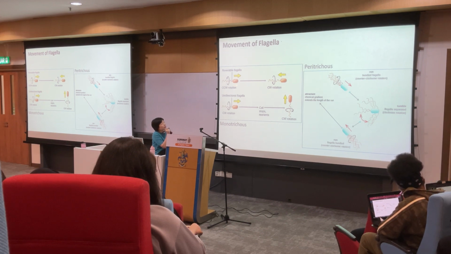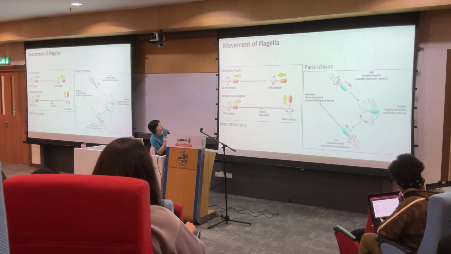This is definitely faster. And about this one, the peritrichous, how do they move? Of course, when you have more than one, they're moving very fast. You have the joint force of every single flagellum. So they're moving very fast. Now, when they want to change direction, how do they do it? They try to separate all of these, and then they move only some of them, allowing them to change direction.